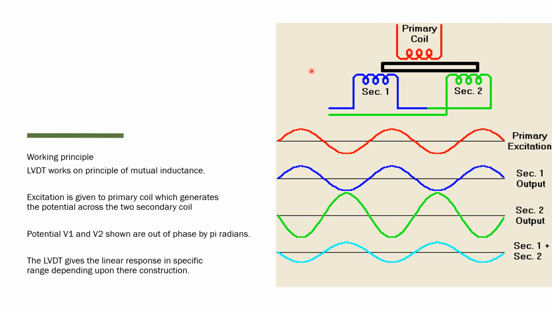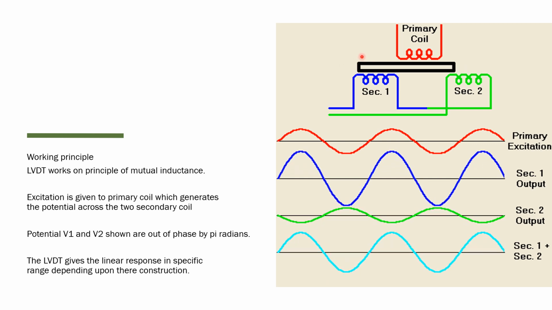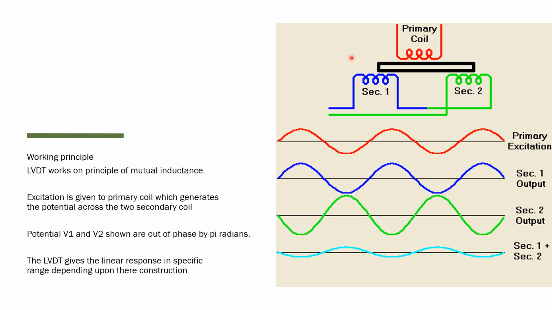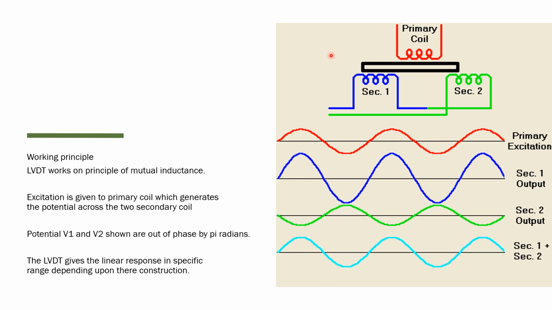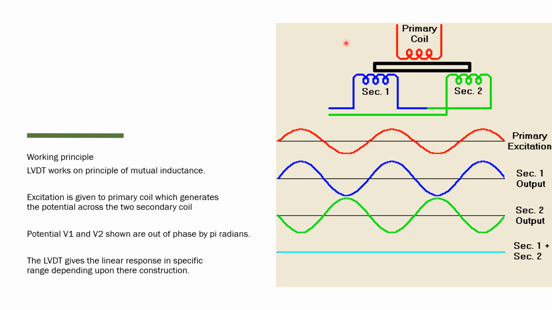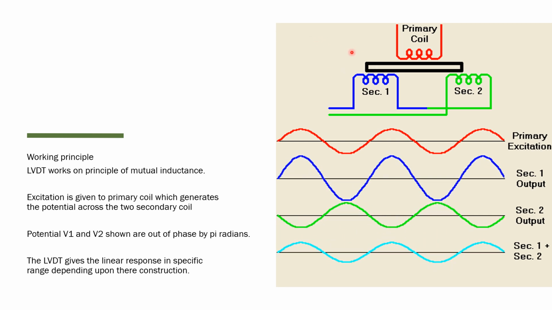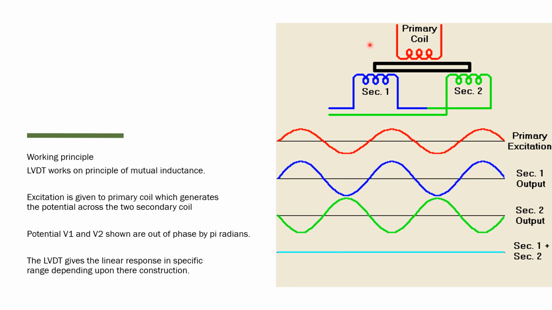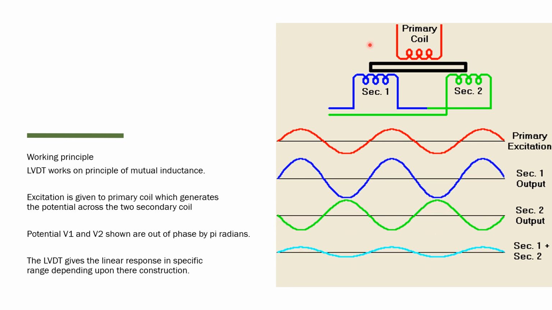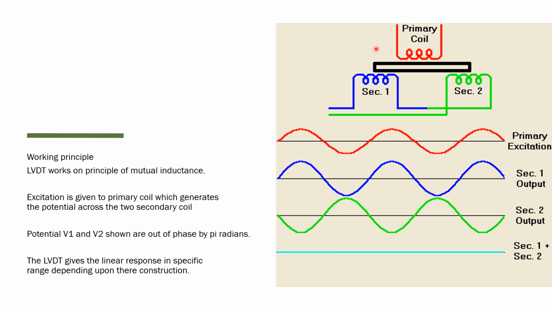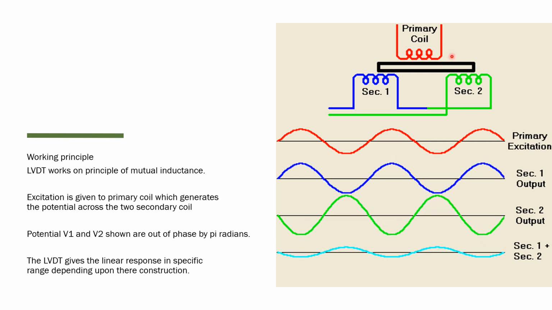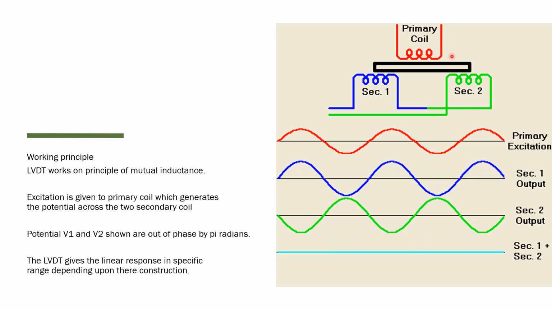Now here we can see that as the core moves, the flux through secondary one and secondary two does not remain the same, because this core is a soft iron core, and it has the property that magnetic field lines prefer to pass through the core. So when this core moves this side, it takes the flux that side more.